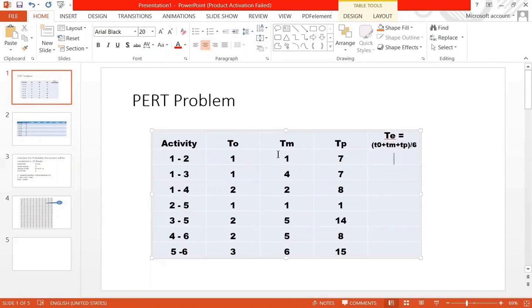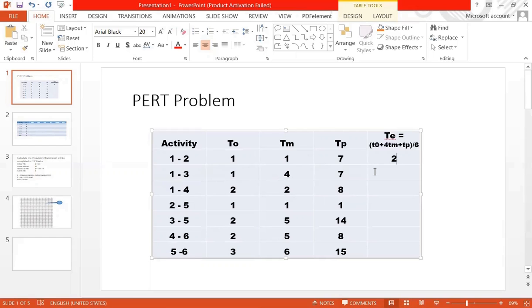So TO is 4 times TM will be 4 plus 1 plus 4, 5 plus 7, 12 divided by 6. So here we will get TE as 2. In case of second activity, 1 plus 7, 8 plus 16.